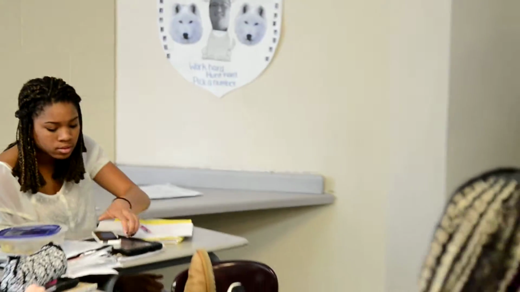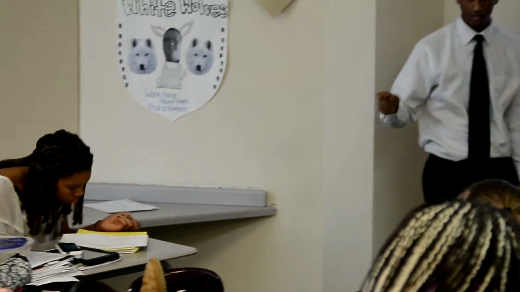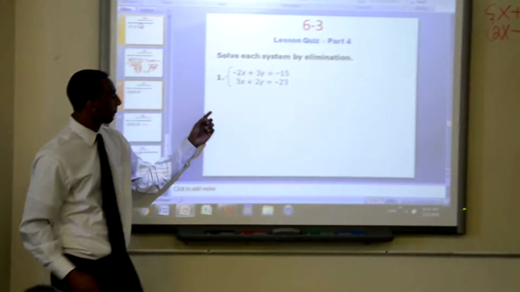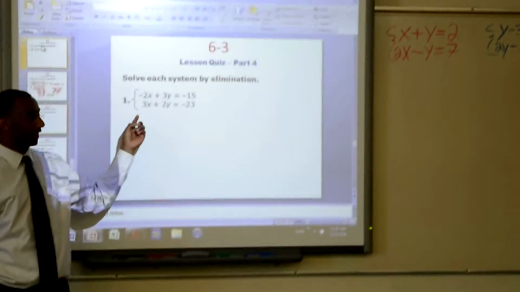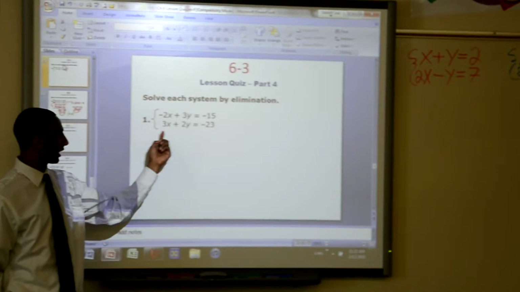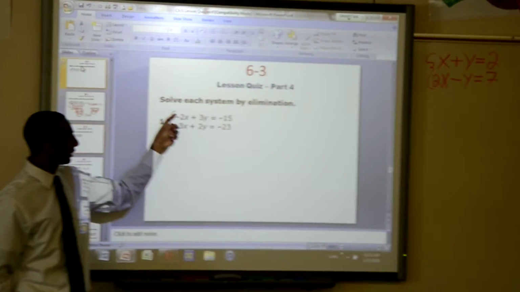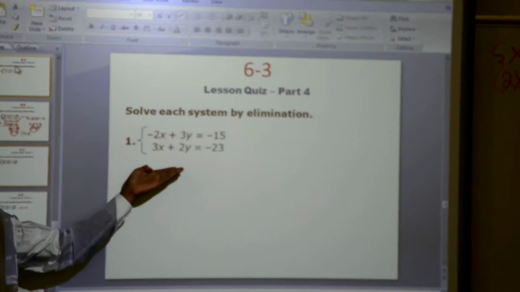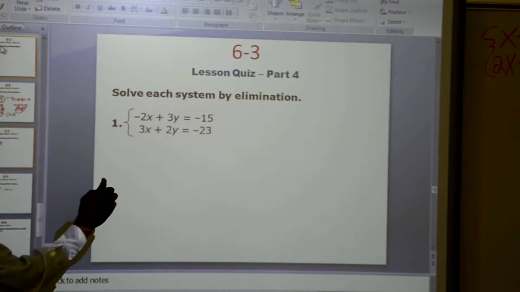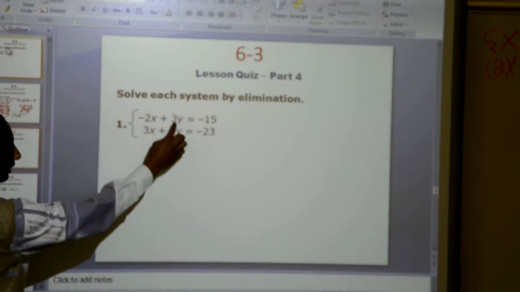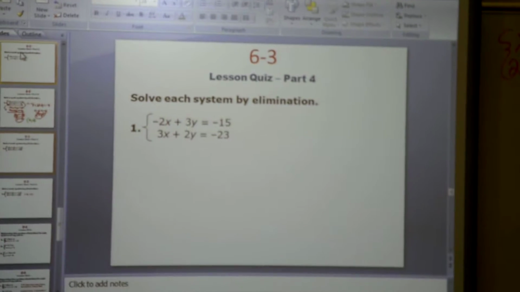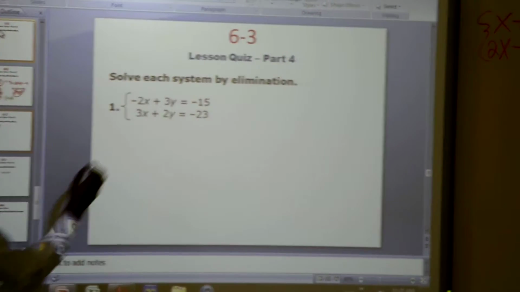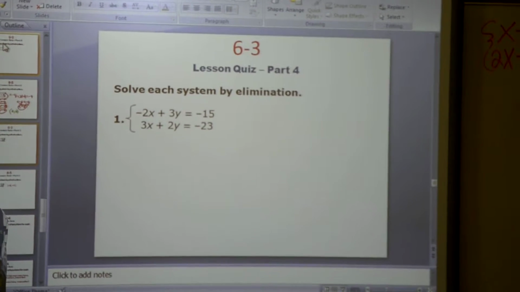Exactly. So Maurice, you said we had to multiply earlier, and she points out that as of right now, when we look at each column, the x column, the y column, we can't eliminate any of those columns because they have different coefficients in front of them. So she said, in order for them to have the same coefficient in front of the variables, we have to multiply.